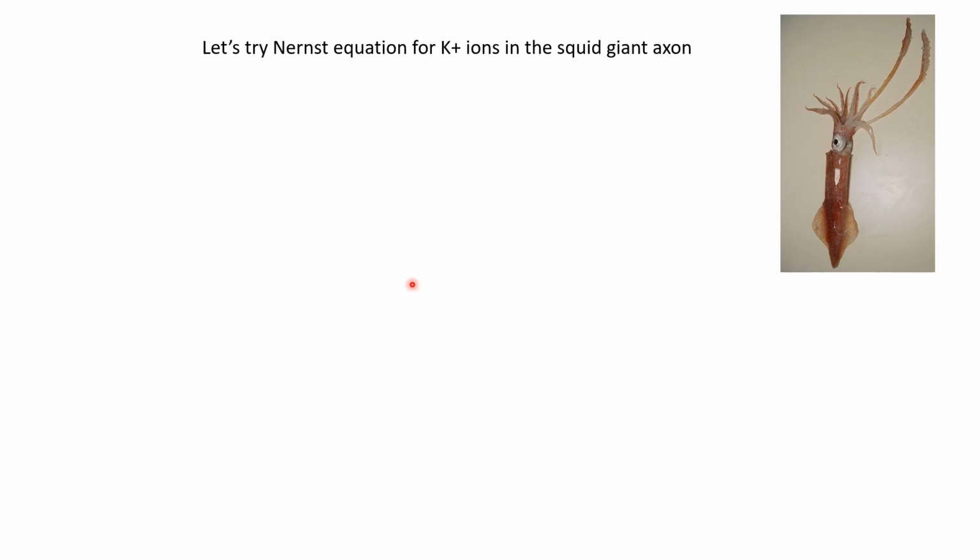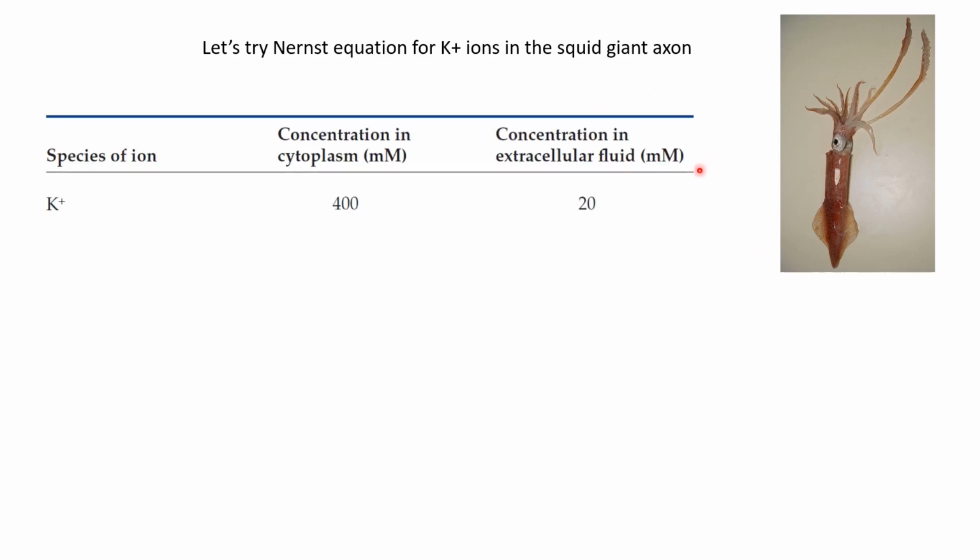So now that we have the formula for calculating the equilibrium potential, let us try this out for calculating the equilibrium potential for potassium ions in the squid giant axon. So here are the concentrations of the potassium ions again. It's 400 millimolar inside the neurons in the cytoplasm and 20 millimolar outside in the extracellular space.